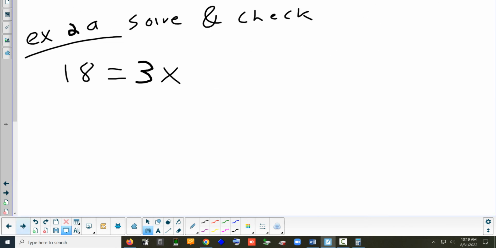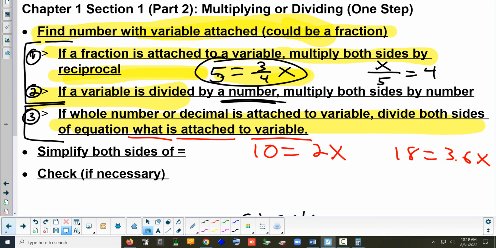All right, so let's try example 2a. It says 18 equals 3x. So let's look at our cases. And can somebody tell me, 18 equals 3x, is that case 1, 2, or 3?